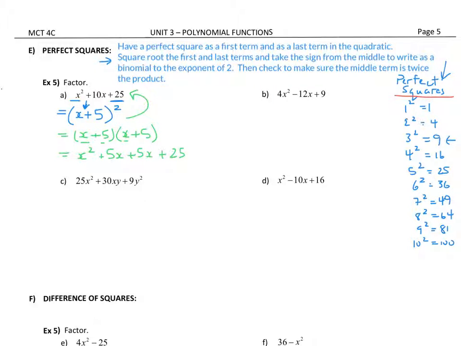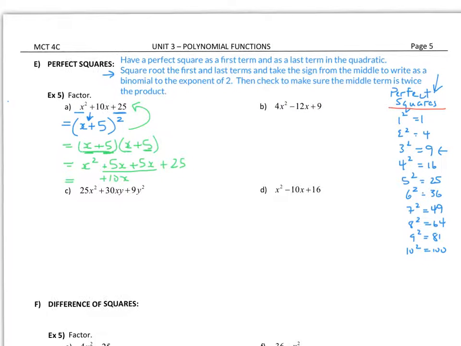And when I collect these like terms, notice that we get exactly the same thing happening, and it happens twice. So our product of x with the 5 is how we got 5x, and then we had that again, another x times 5. So it's really these two terms multiplied together, x times 5 is 5x, and then doubled to give us a 10x. And that's our middle term. Okay, and plus 25.